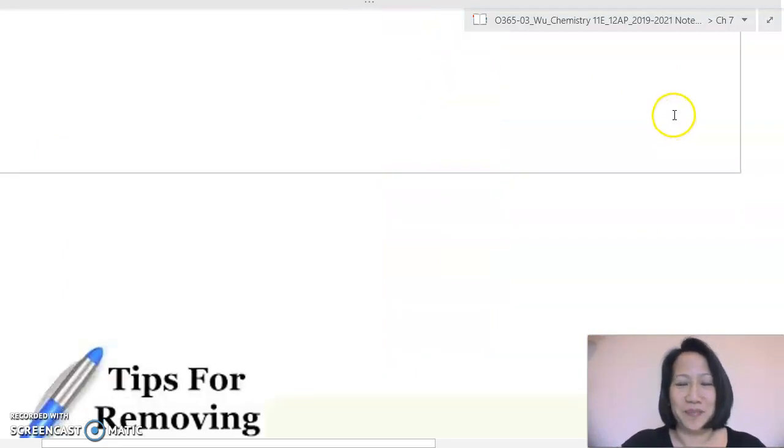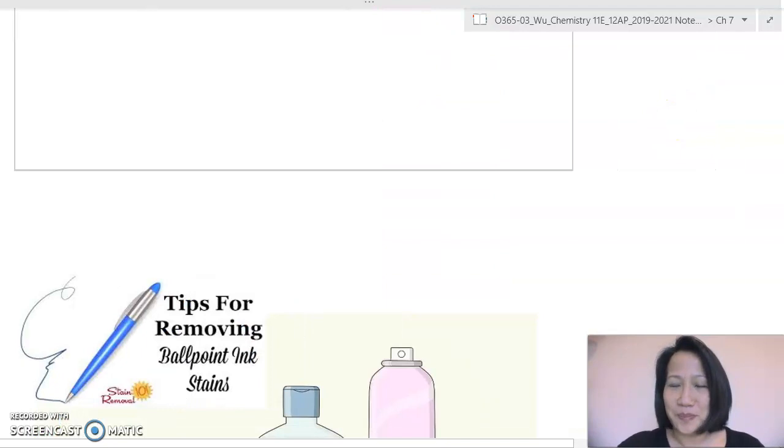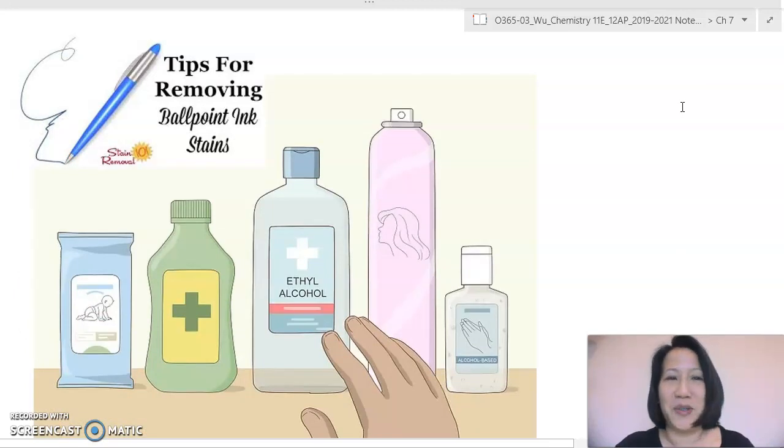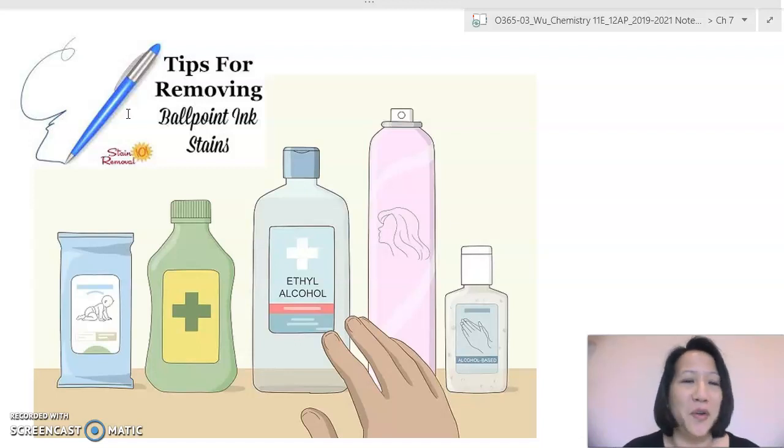Let's keep going. Another one I was thinking about, just as I was preparing for this 7.2 lesson. Have you ever gotten pen mark on your white hoodie? How do you take the pen mark out of your clothing?